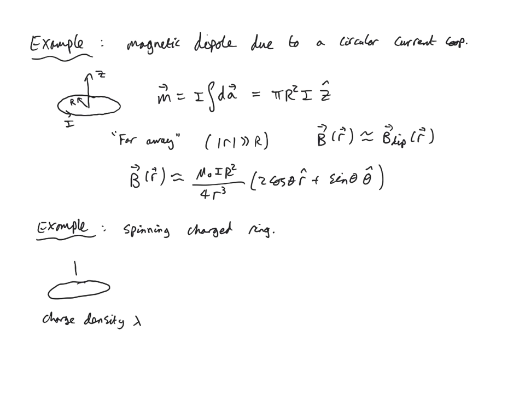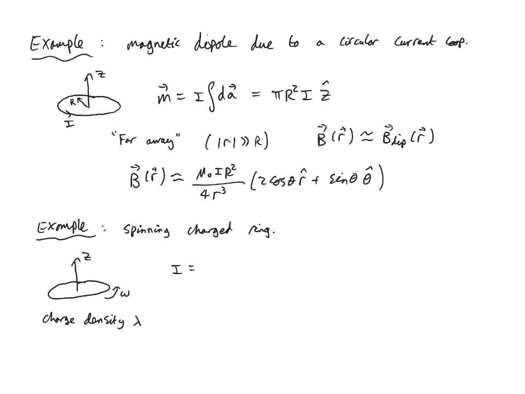And this thing is spinning around its axis, let's say with an angular velocity omega. So we can use all of the results from the previous example. We just have to work out what the current is. Once we know the current, we can work out the magnetic dipole moment as above, and then we can just plug it in and find the magnetic field. So all we need to do really is find the current.